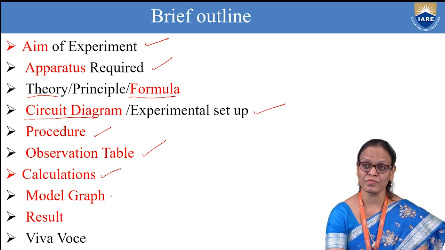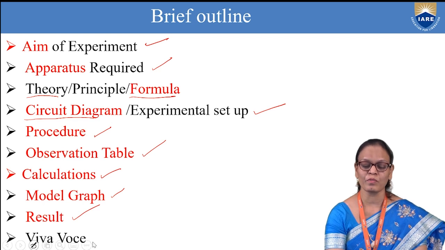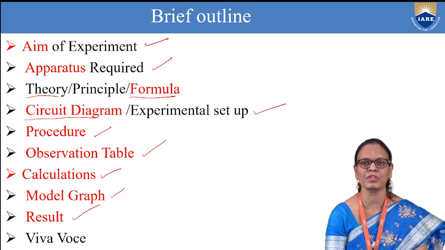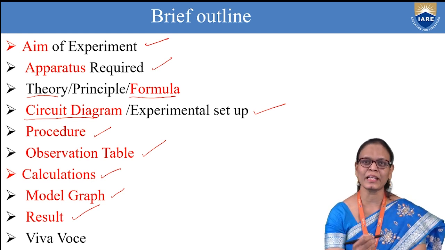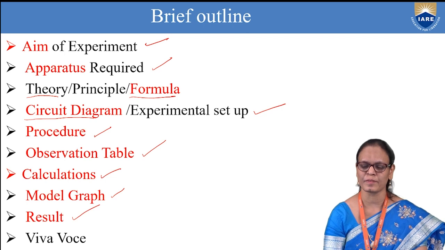You will have a graph. As I told you, to analyze the results, sometimes you need graphical representation. So we need the graph. And finally, you will present your result. And of course, there will be a viva voce at the end where you will have to answer questions based on the experiment you are doing, to clearly understand the experiment.